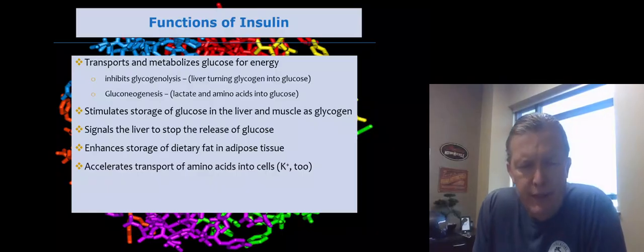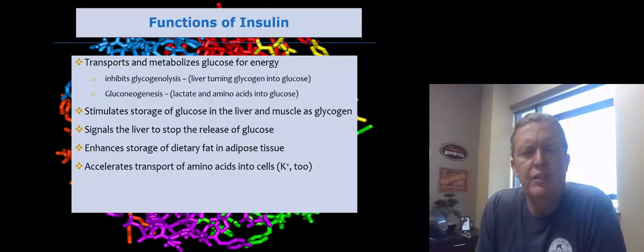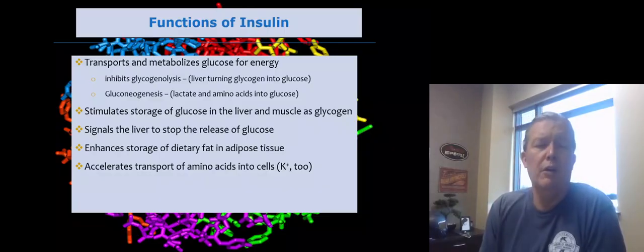So what insulin does then is stimulate the storage of glucose in the liver and muscle as glycogen. Glycogen is a form of sugar that gets stored in the muscle for the muscle to have immediate energy. And then excess glucose that's not consumed or stored by the muscle or used for energy in the present situation gets stored in the liver.